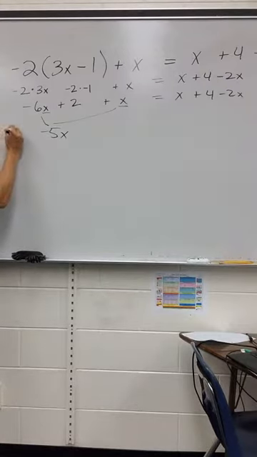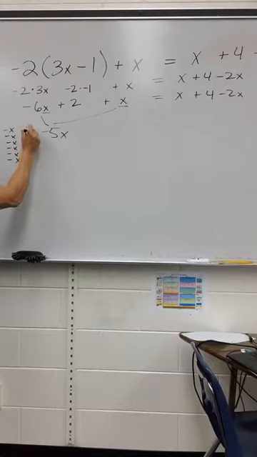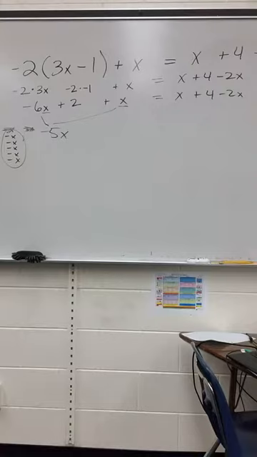It's like having 6 negative x's. And then if we had one positive x, these two would cancel out, just like we did with ones, and you'd be left with 5 negative x's. It works the same exact way.